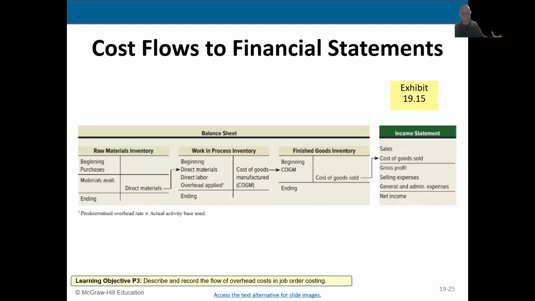Once I finished making the product, I took it out of work in process and put it into finished goods inventory. Then when I sold the product to the customer, it came out of finished goods inventory and onto the income statement as cost of goods sold.